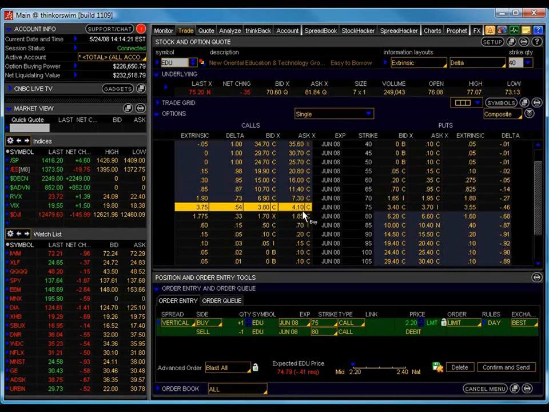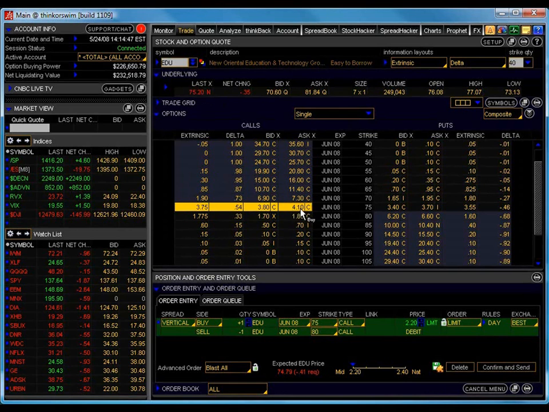Therefore, the price that you're paying for this option is all time value. The time value of an option is the amount of value that that option has if it were to go to expiration and the price remained at $75, there would be no value at all to this option.